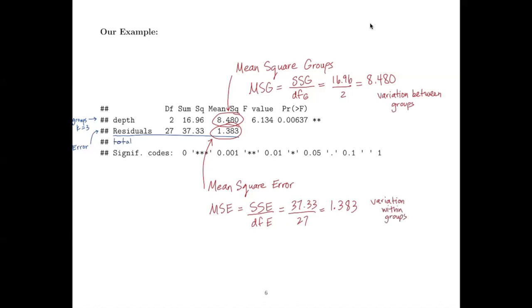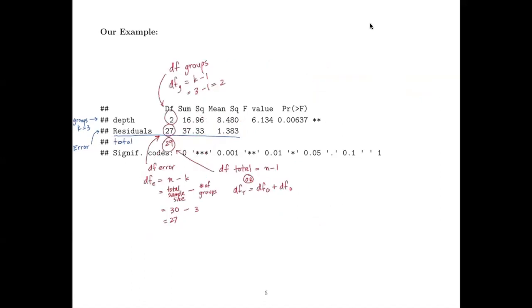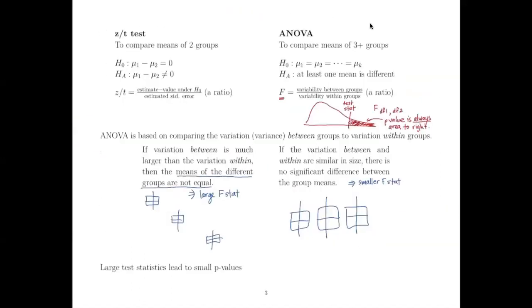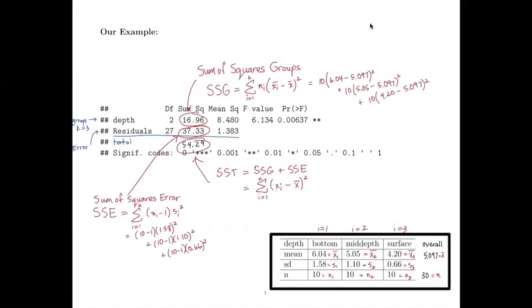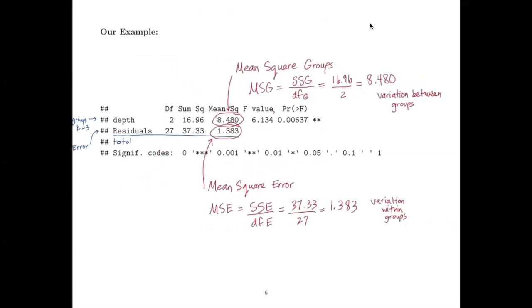Remember a while back we talked about this. We said our F statistic was the variability between groups divided by the variability within groups. That's going to be our mean squared groups divided by our mean square error. So this piece here is our F statistic, or our test statistic.